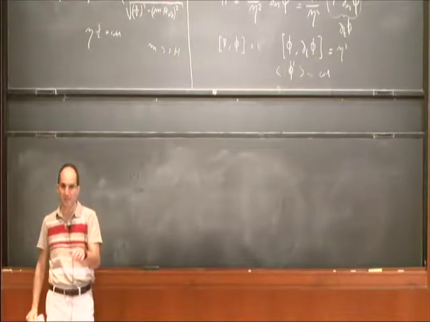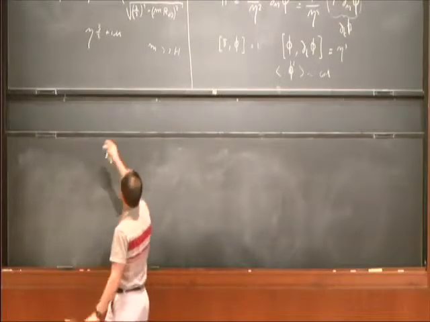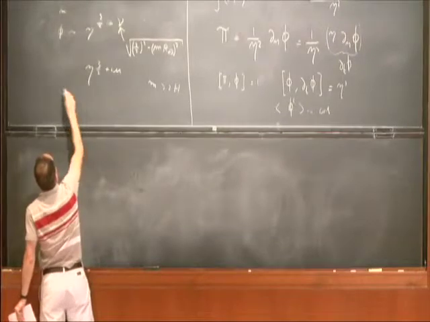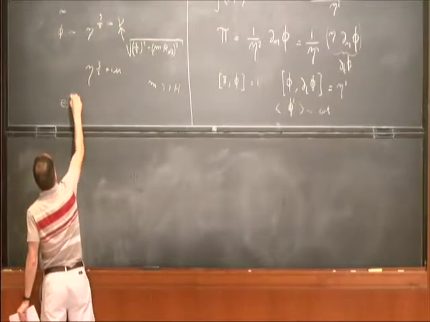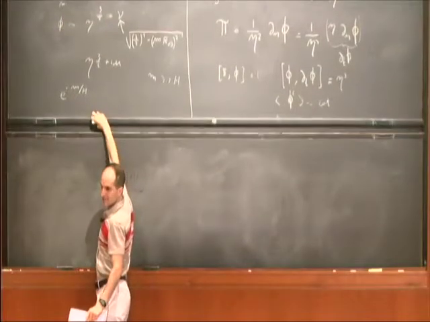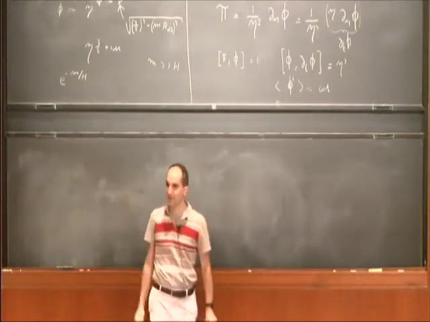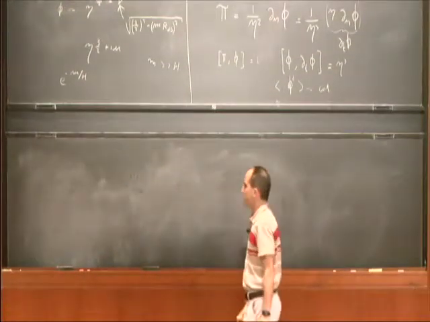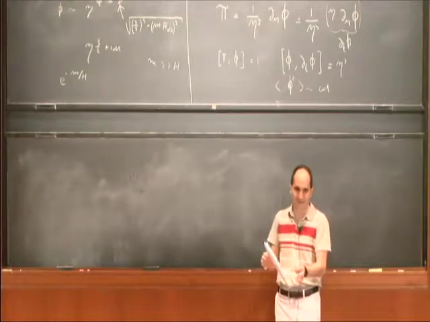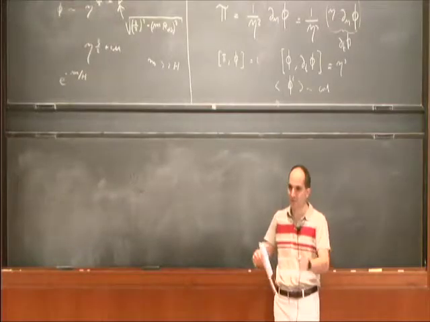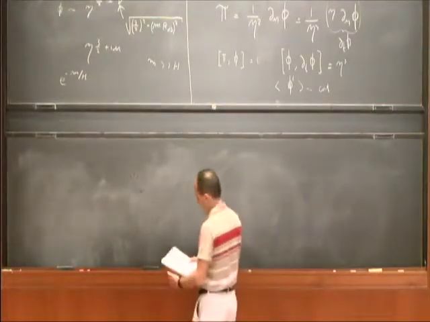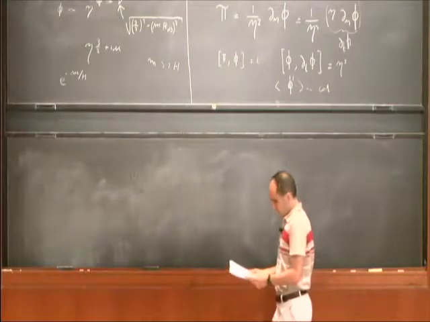In each Hubble volume, there is some probability that a massive particle will be created. For a massive particle, the expectation value of phi has a factor of e to the minus m over H, which is the probability of finding a particle for large masses. It is a random thing whether you find a particle or not in a given Hubble volume. But when you average over many Hubble volumes, you expect to find a classical distribution.